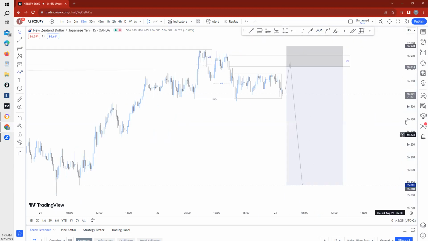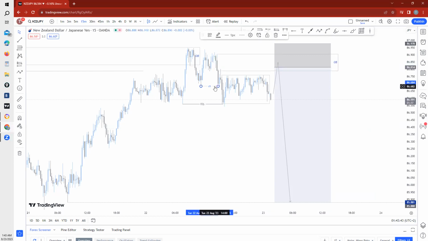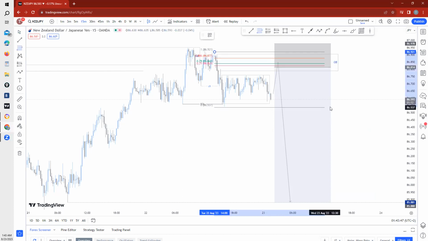So this is my breakdown of NZDJPY. So yeah, I'll be taking my other positions upon this. This would be my entries.